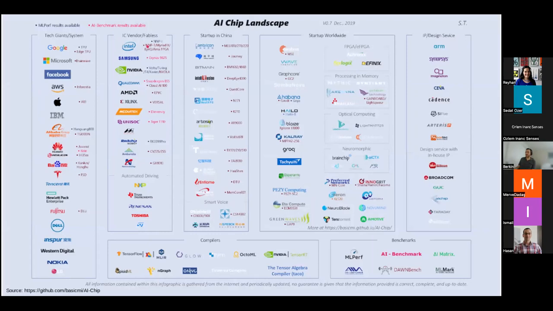There are IC vendors and IP design services trying to enable all this hardware AI effort. There are so many startups worldwide, and even in China there are so many of them. There is also software effort trying to enable all these new hardware technologies, and new benchmarks coming up. The bottom line is that this is really happening.